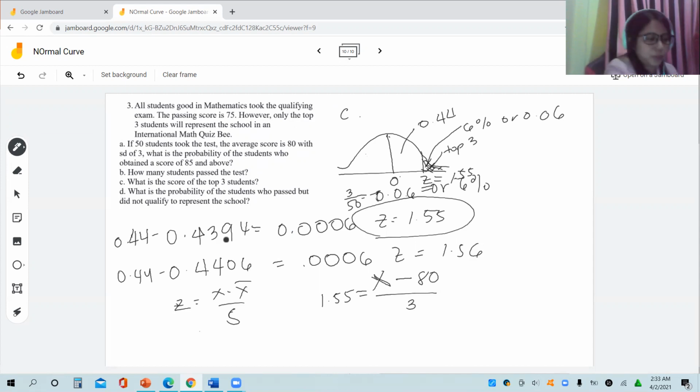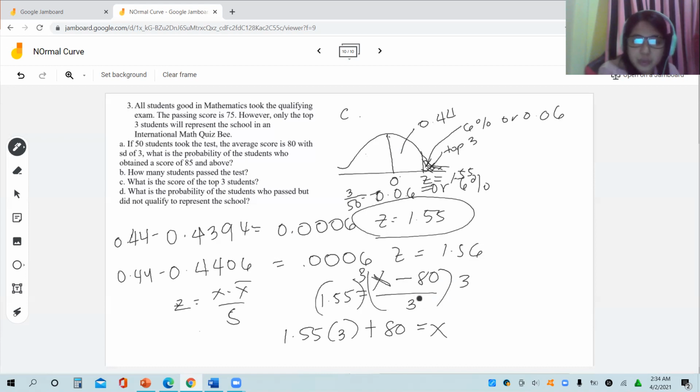So we will compute 1.55 multiplied by 3. If we transpose this, plus 80 is equal to x. So this is just simple algebra. We multiply both sides by 3, so 3 all over 3 is 1.